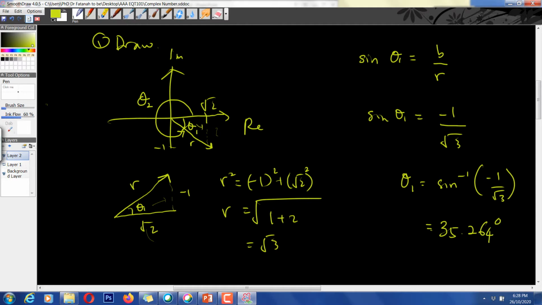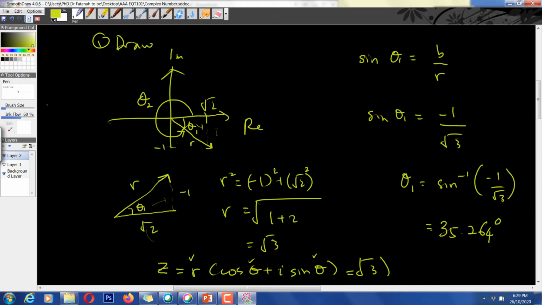What should we have to transfer to the polar form? We should remember z equals r cos theta plus i sin theta. So we have r and then we have theta. We put r as square root 3. For theta, we just got theta 1, so we need the whole theta from the origin.